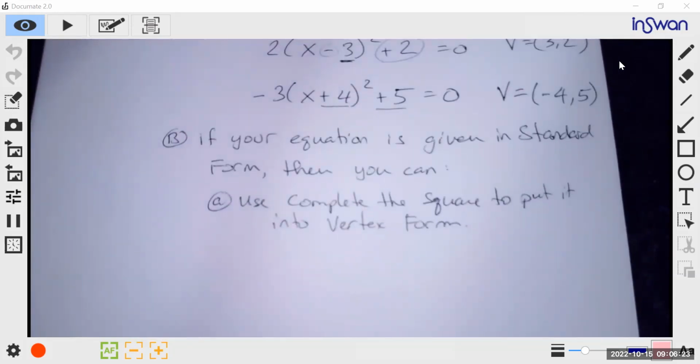Remember, we did that earlier. When we did the complete the square, we can do two things. We can either solve it or find the vertex.